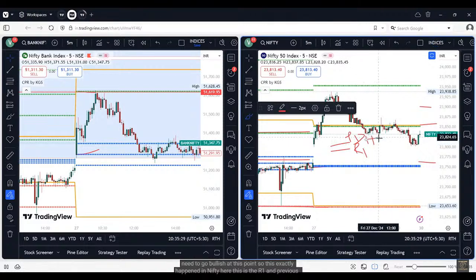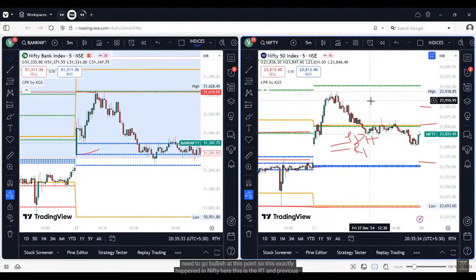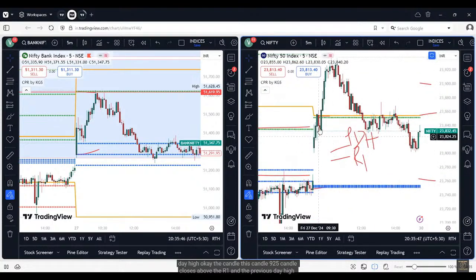You need to go bullish at this point. So this exactly happened in Nifty here. This is the R1 and previous day high. This 9:25 candle closes above the R1 and the previous day high, which is an indication for bullish trade.